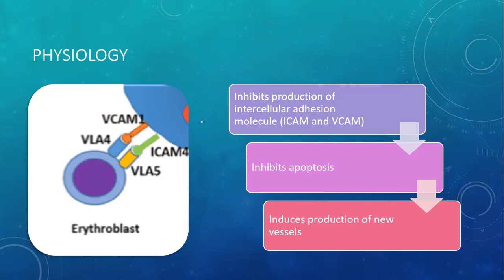Okay. So what does erythropoietin do? It inhibits the production of intercellular adhesion molecules. So these molecules are not going to be produced anymore, and this cell is going to be released to the peripheral blood. Okay, what is another main way of action of this molecule? It inhibits apoptosis.